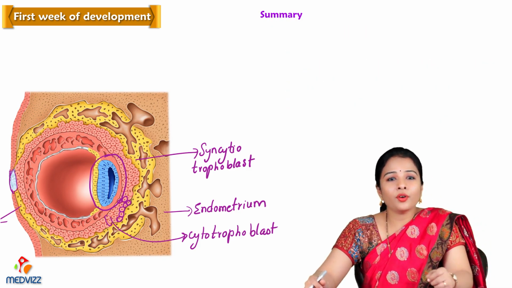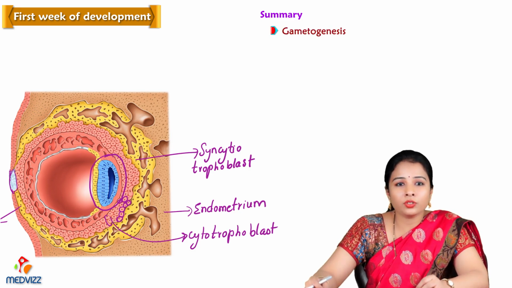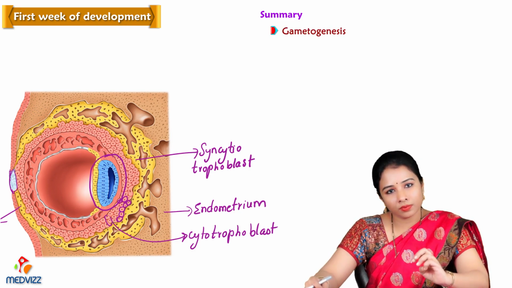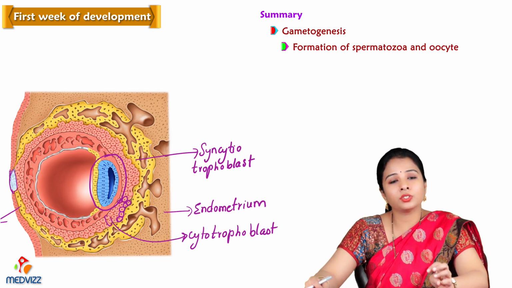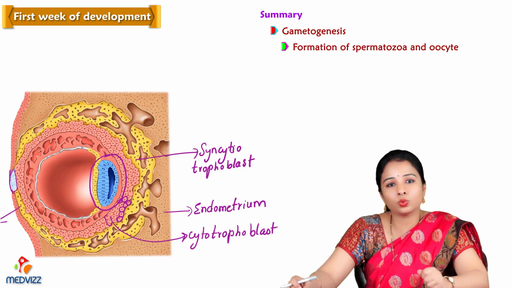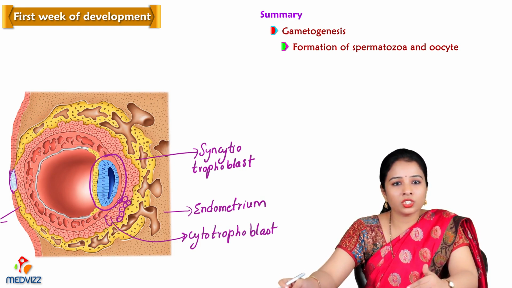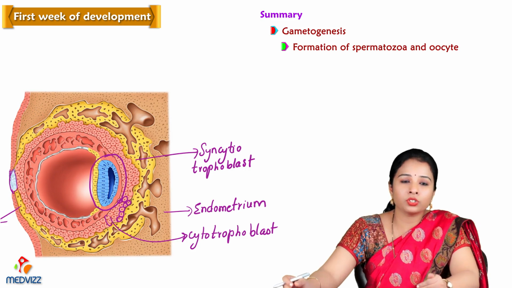So the summary of the first week of development: we saw gametogenesis, meaning formation of the spermatozoa and formation of the female oocyte, that is the matured oocyte, which is arrested in the secondary oocyte stage, by oogenesis. So both spermatogenesis and oogenesis are considered under gametogenesis.